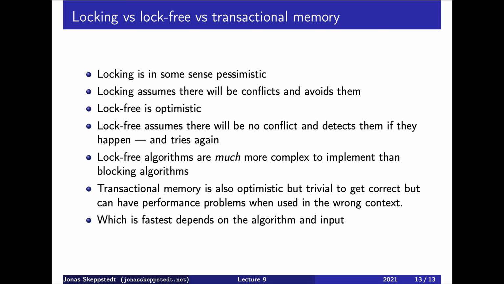If you have already done the C part of the last lab, you will probably think, why don't we switch to transactional memory immediately? So that is trivial to get correct, but it's not always the best, because there can be conflicts and the transactions can have to be restarted. So the performance optimization is more difficult with transactional memory.